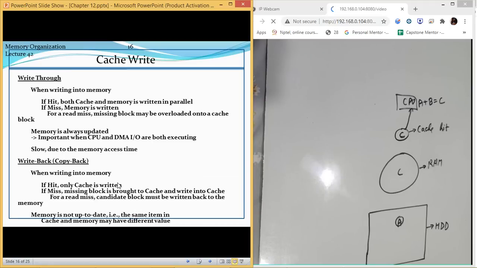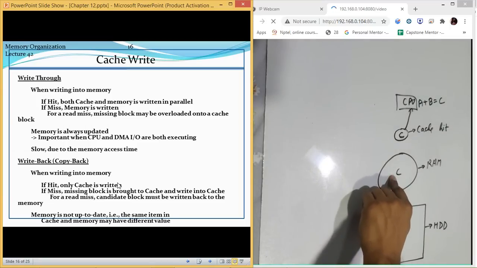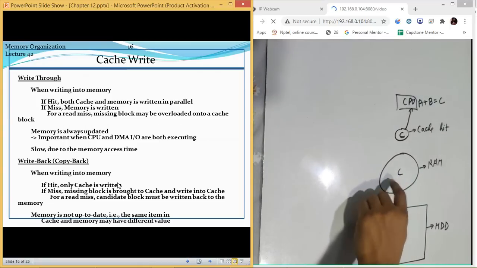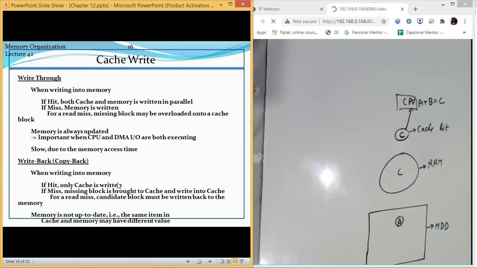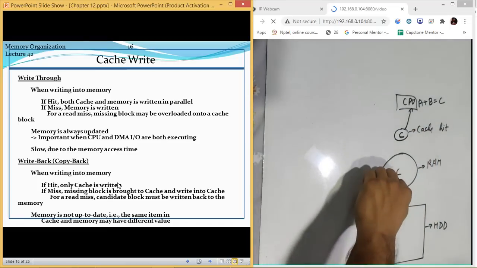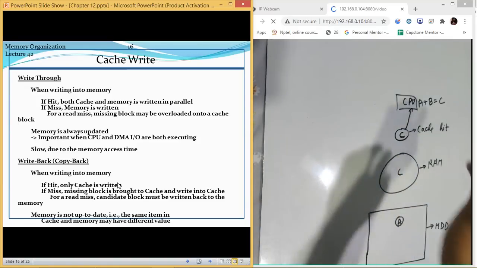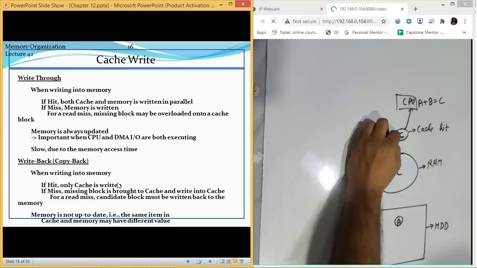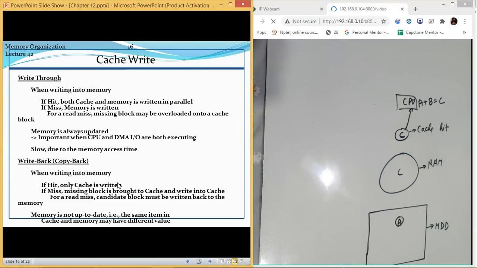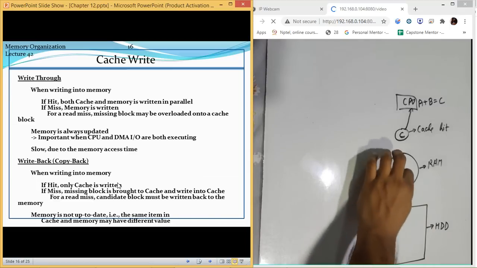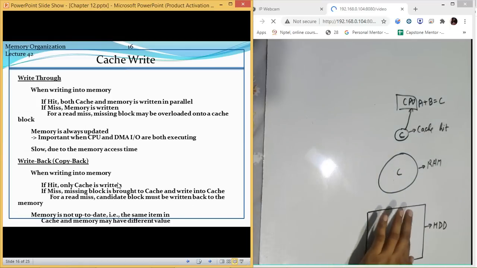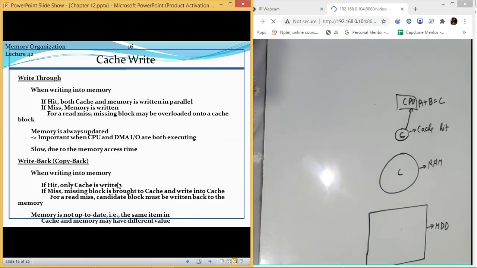If miss happens, only memory is written. For read miss, the missing block may be loaded into the cache block. Now, what does it mean? Only RAM is written means you are going to write it inside the RAM, and after that you will get that data inside the cache. After this, memory is always updated, which is important when CPU and DMA are both executing, slow due to the memory access time, because we are going to update that data, and then the data which is updated in RAM should also be updated in hard disk drive.